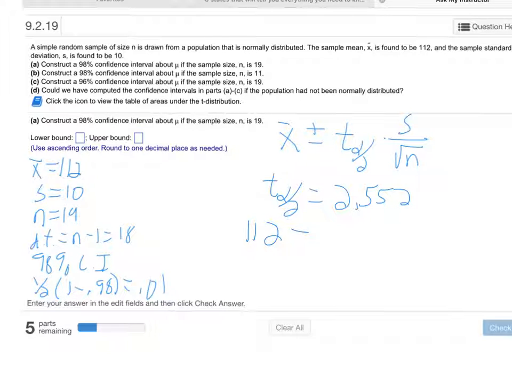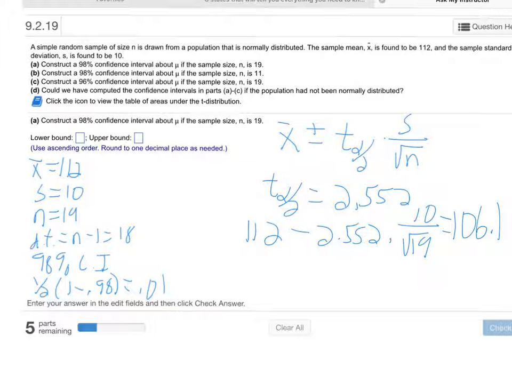For the lower bound, it's minus the 2.552, which came from the table, times the sample standard deviation over the square root of the sample size. So here are the numbers for this formula, and they'll all come from over here. And if you put that in your calculator and round to the nearest tenth, I believe I came up with 106.1.